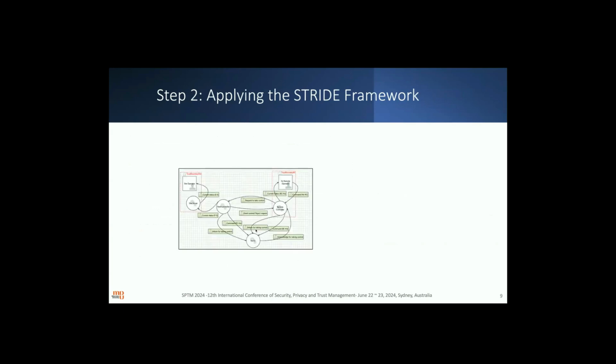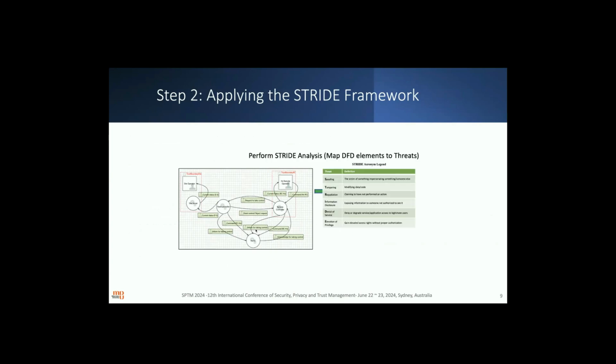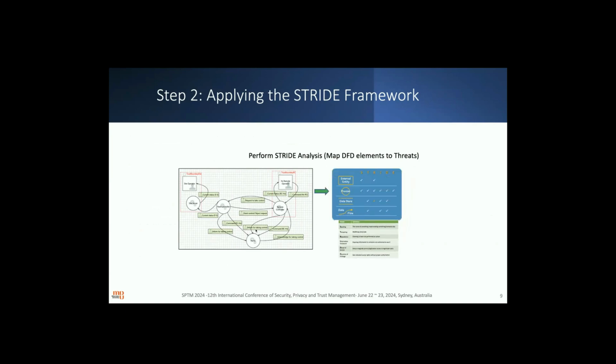Up to this step, we have the DFD, and in this step, we apply the STRIDE framework. STRIDE, introduced by Microsoft, is a framework that breaks down security threats into 6 main categories: spoofing, tampering, repudiation, information disclosure, denial of service, and elevation of privilege. We map the elements of our DFD with threats introduced by STRIDE.